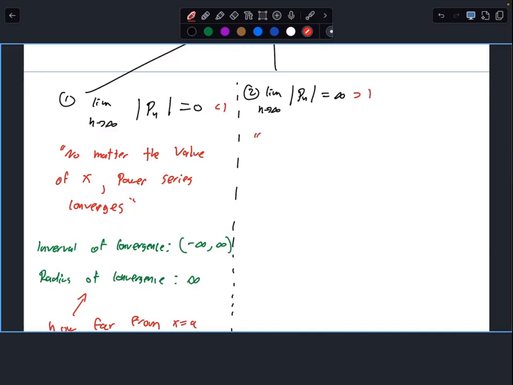So no matter the value of x, except, of course, x equals a, the power series diverges.